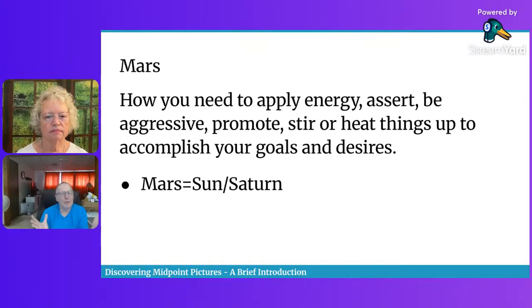For what purpose? So that your sun, moon, Mercury, and desires of Venus are all accomplished. The sun sends out that energy, and Mars just takes it and says, okay, let's go, baby. It's going to work overtime to get you what you want.